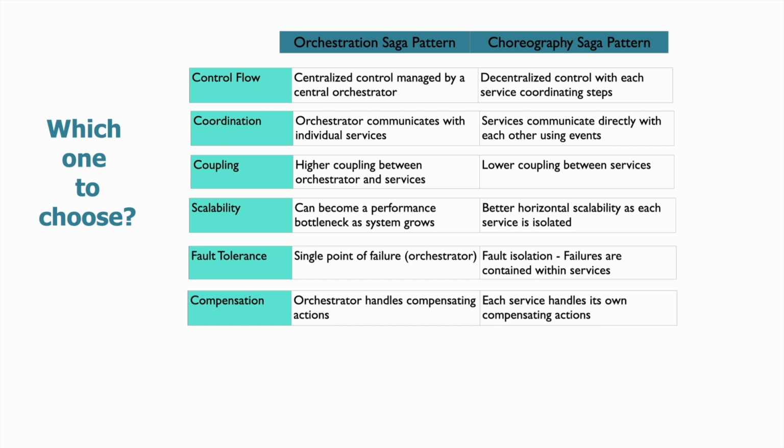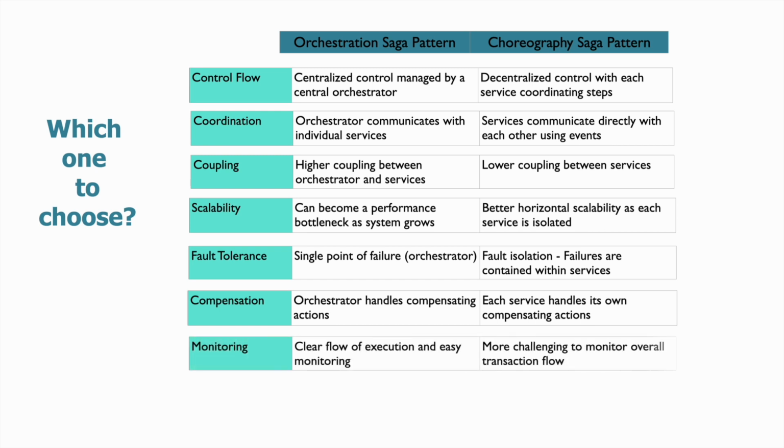In choreography, each service handles its own compensating actions. Again, there's no single point of control. Monitoring: in the orchestration pattern, there's a clear flow of execution and easy monitoring can be done. However, in the choreography pattern, it's more challenging to monitor the overall transaction flow.